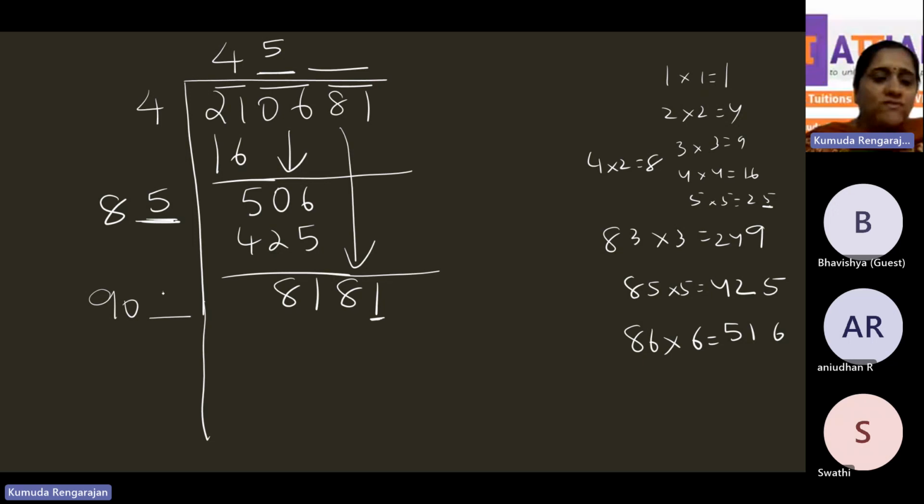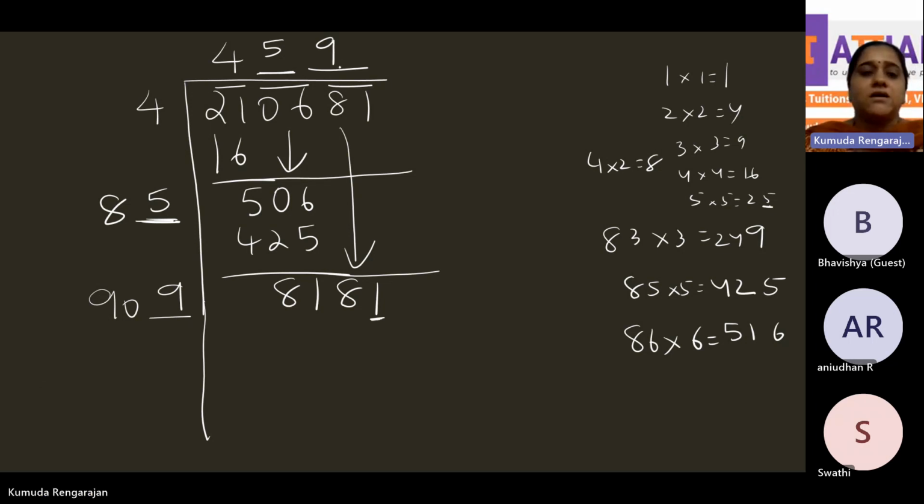You should place only 1 or 9 because it ends with 1. So try 1 here, or if that's not working, try 9. If you place 1 here, it will be 901 into 1, which is 901. No, that's very small. So it has to be 909.